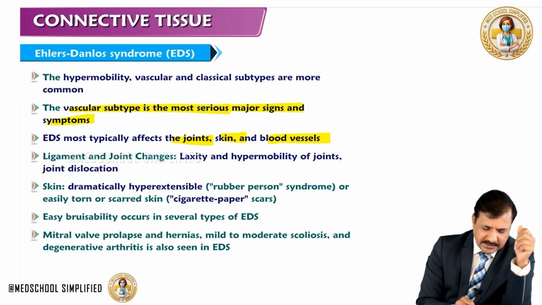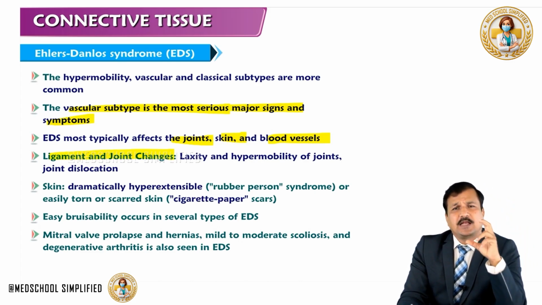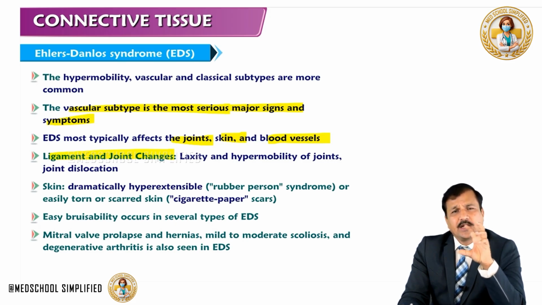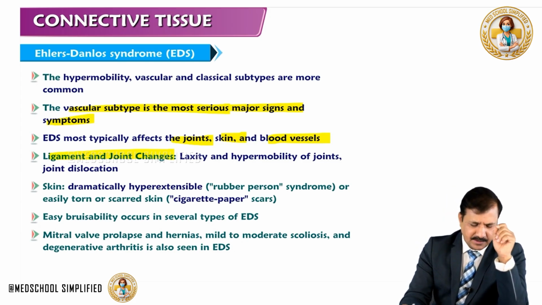The first one is ligament and joint involvement. There will be laxity and hypermobility of joints, which can vary from mild to irreducible dislocation of hips and other large joints. Remember that.